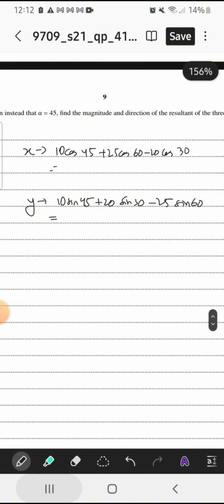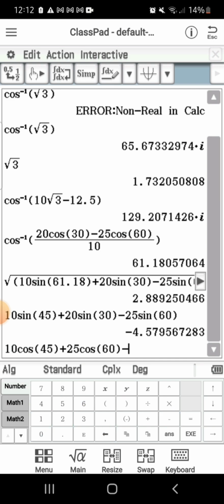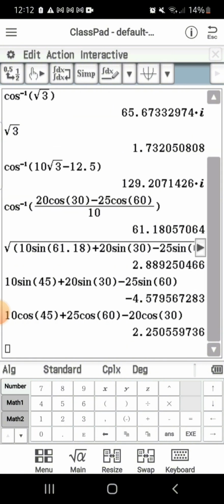And for this one, 10 cos 45 plus 25 cos 60 minus 20 cos 30, we get 2.250.